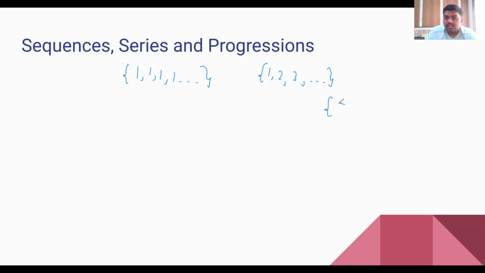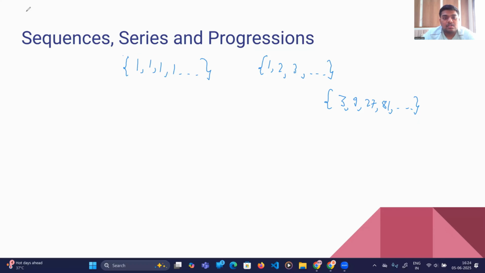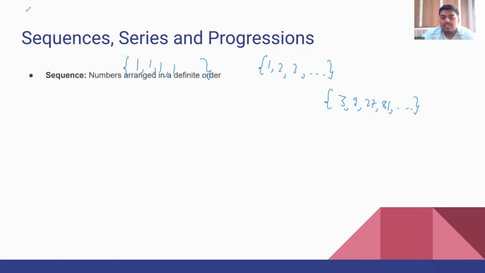And 3, 9, 27, 81, and so on is also a sequence. So any set of numbers wherein you can find a definite pattern that is being followed throughout the set of numbers is called a sequence. Yes, a sequence is numbers arranged in a definite order.